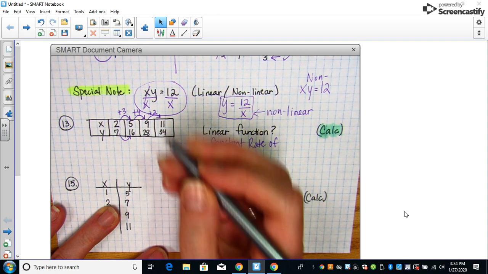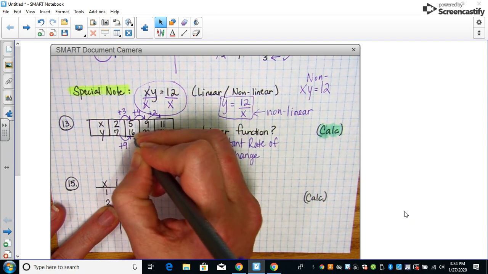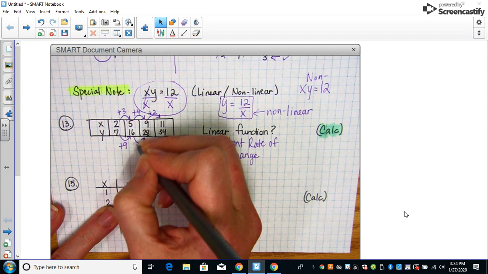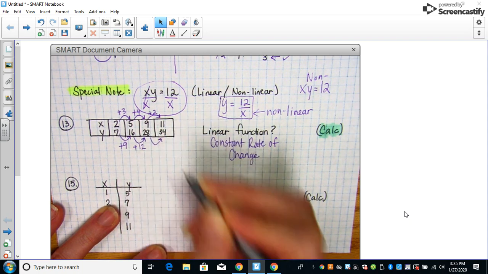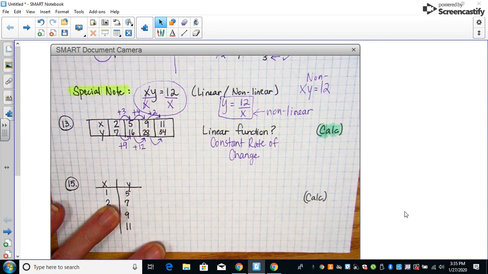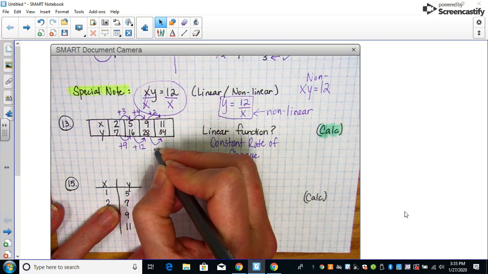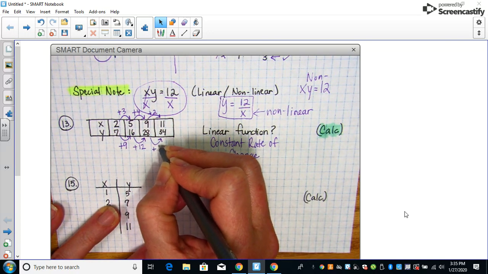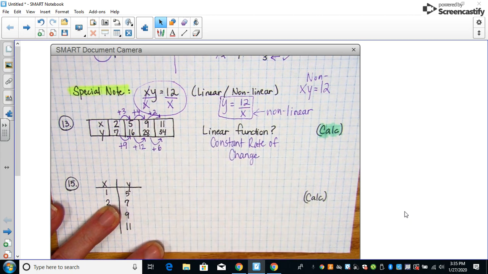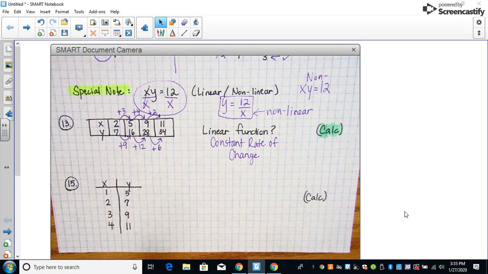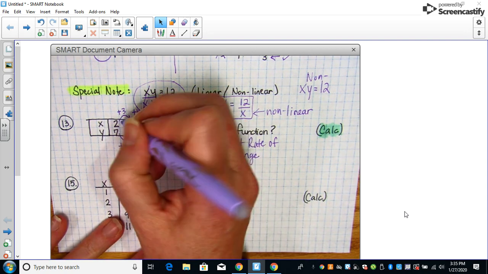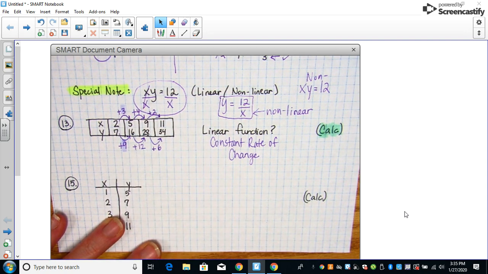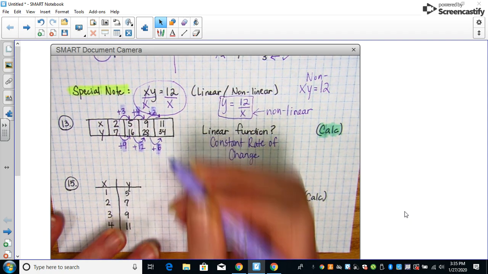7 to 16 is a plus 9. A 16 to a 28 is a plus 12. And a 28 to 34 is a plus 6. Is that right? Yes, plus 6. Now, again, it does not look like a constant rate of change, but watch how these match up. This 3 goes with this 9. This 4 goes with this 12, and this 2 goes with this 6.